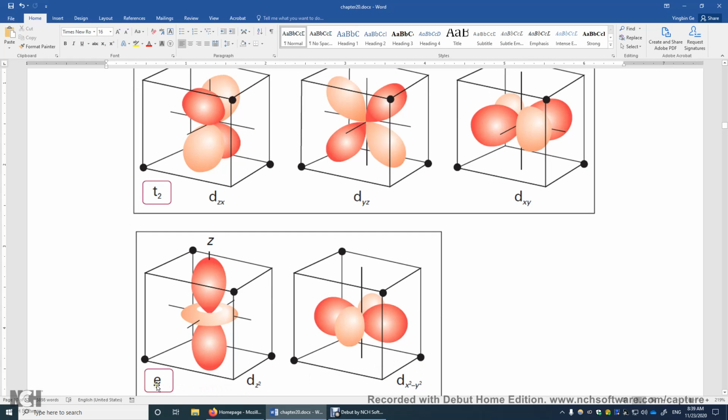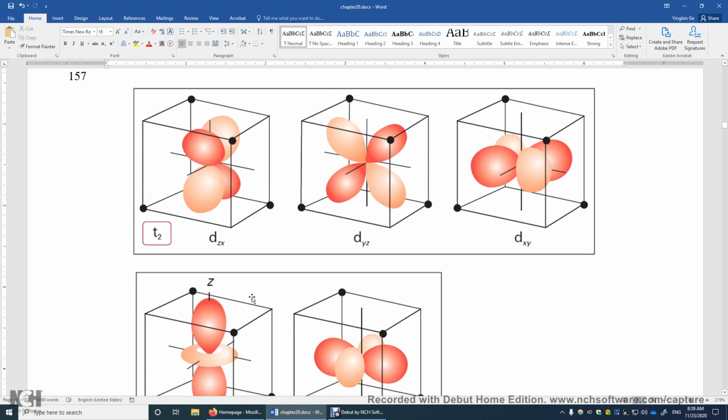They belong to this E symmetry species in the tetrahedral point group, and here E means doubly degenerate. Now, let's compare the energy of these 3 d orbitals and the energy of these 2 d orbitals. These 3 have higher energy than these 2.